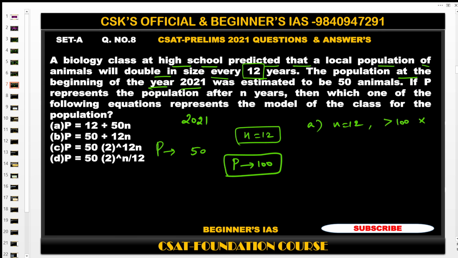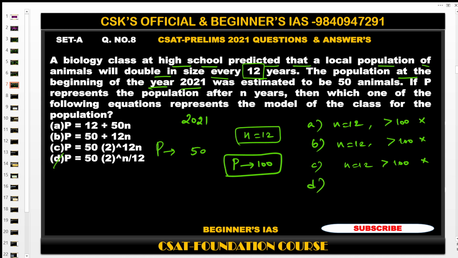For B, n is equal to 12, substitute here. 12 into 12 itself is 144, that also exceeds, so that is not the answer. Check with this one: 2 power 12 into 12, that also exceeds in the third case. Therefore only one option is left, D only.